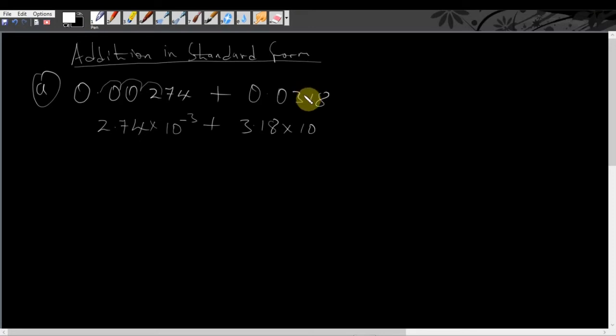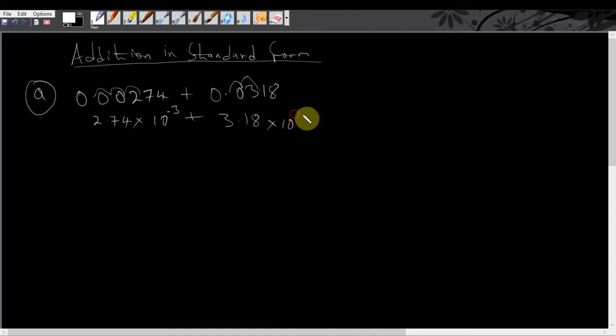This, begin from that place you placed your dot, count towards the dot. You are having 1, 2, negative 2. You can't add this standard form and this standard form because they do not have the same exponential. This one is 10 to the power minus 3, while this one is 10 to the power minus 2. What are you going to do?